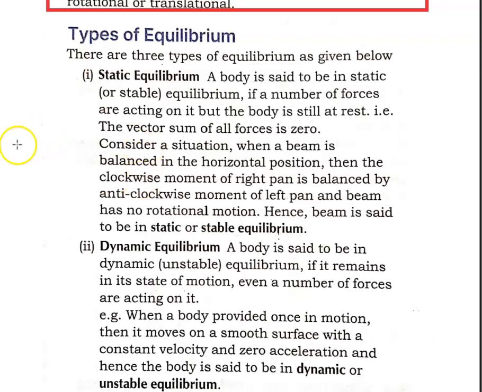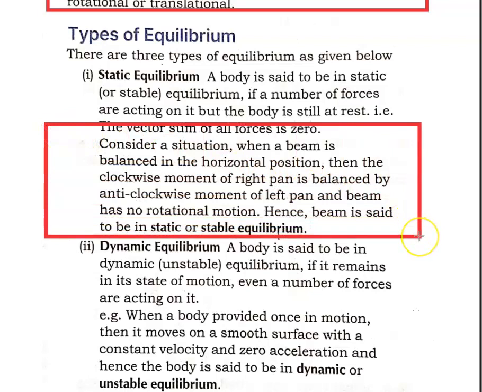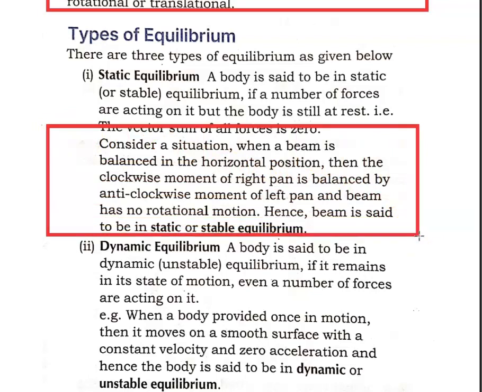For example, consider a situation when a beam balance is balanced in a horizontal position. Now, everyone has seen a beam balance. Suppose we put equal amounts of weights in both the pans of the beam balance such that it is balanced.